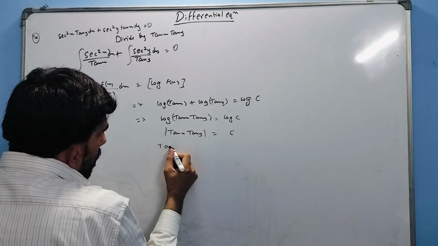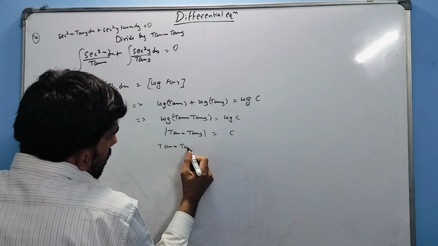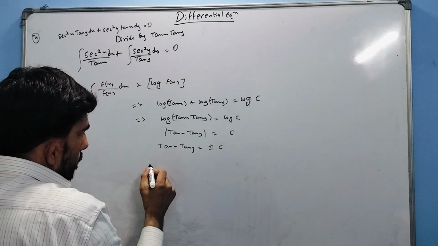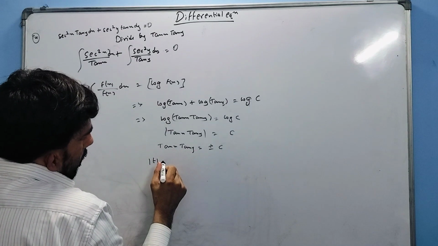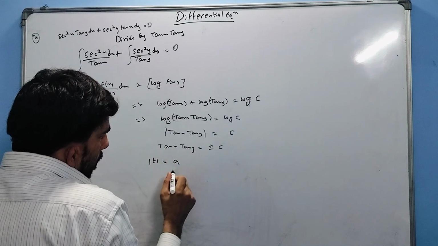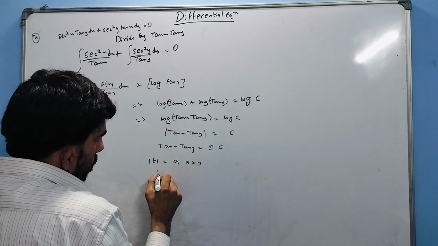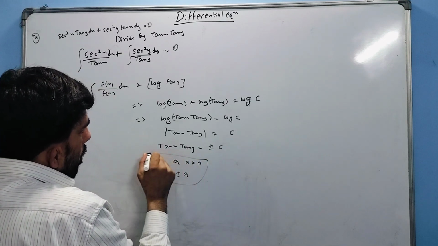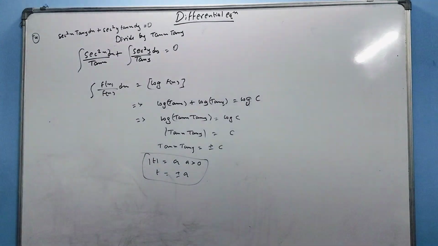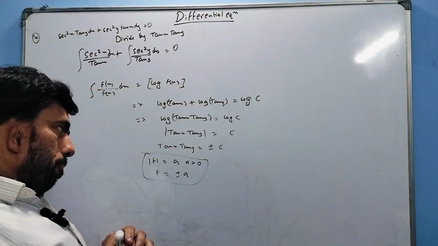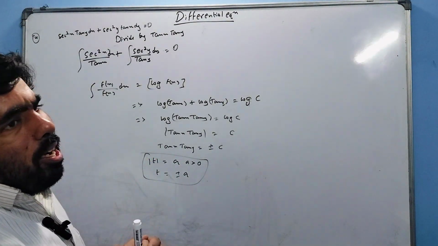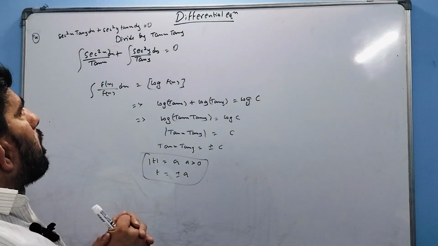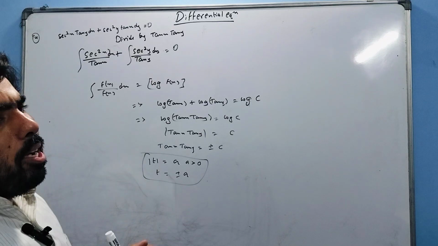So now tan x tan y is equal to plus minus c, because we know if I take t is equal to a, where a is greater than 0, so t will be plus minus. So I've used this. So finally I got the solution, the general solution of the given differential equation.